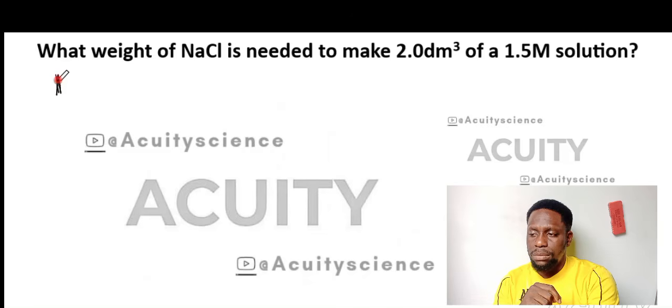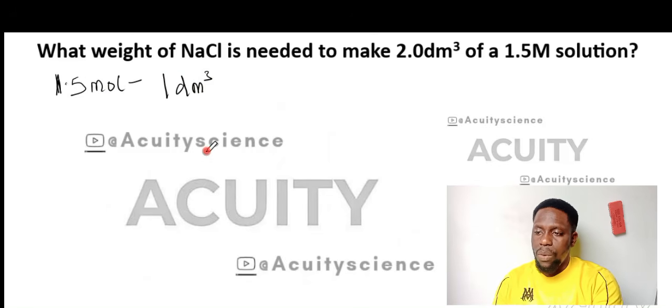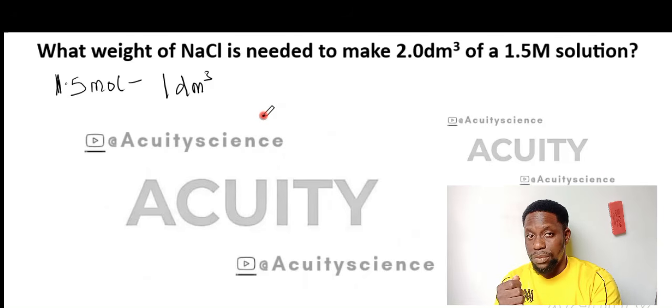If we have 1.5 mole in 1 dm cube, so 1.5 mole in 1 dm cube actually means what? What that means is in every dm cube, in every liter, there is 1.5 mole.